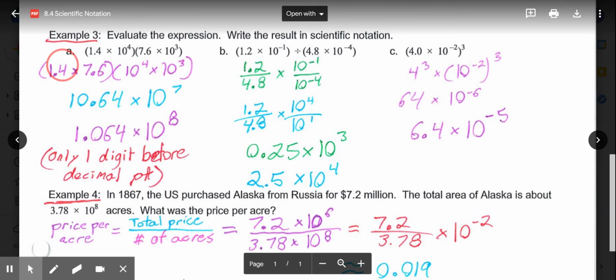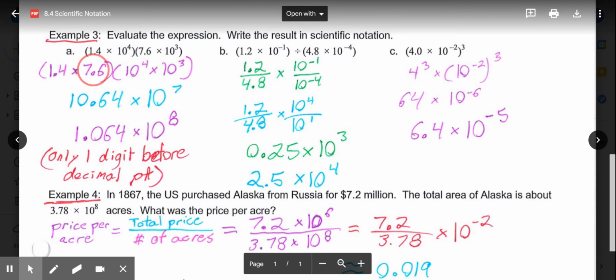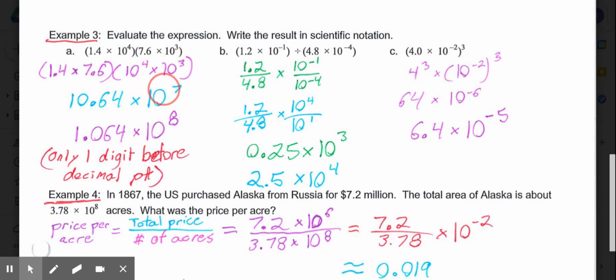We would do the 1.4 times 7.6 out in front, and then the other part would be 10 to the 4th times 10 to the 3rd. So 1.4 times 7.6 is 10.64. 10 to the 4th times 10 to the 3rd is 10 to the 7th.